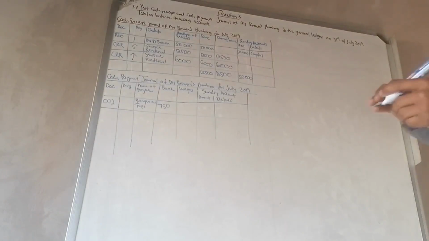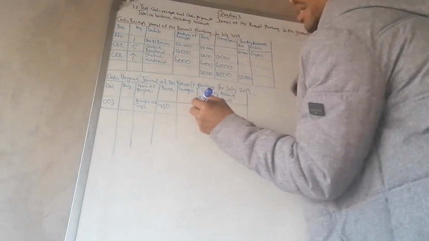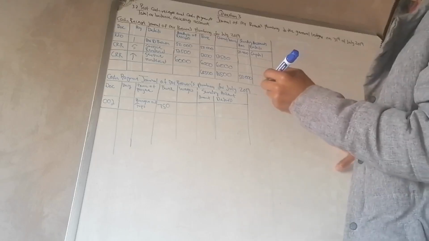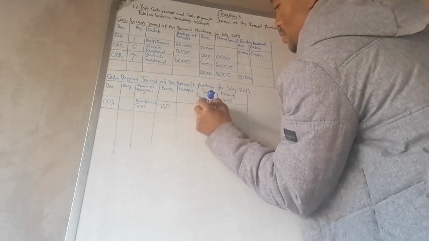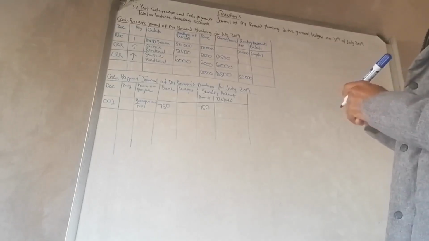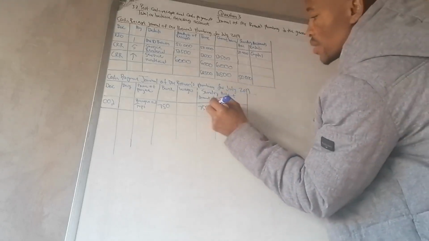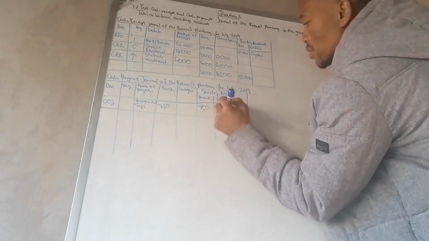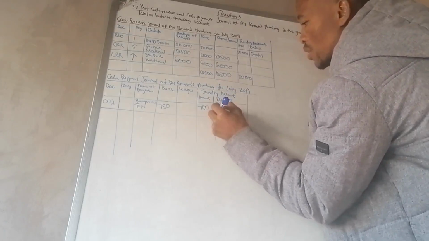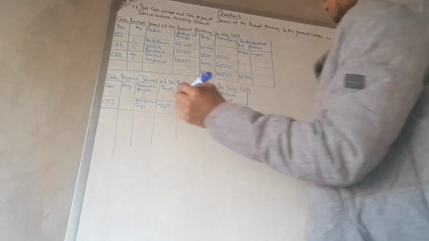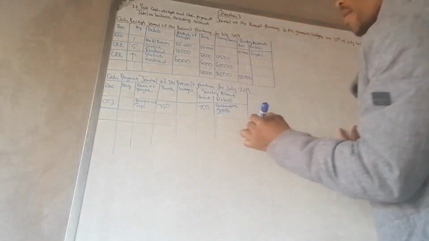Wages, it's not recorded. The amount 750. And then the details, this is consumable goods. That was the first one.